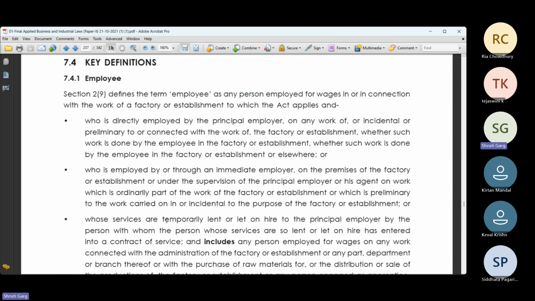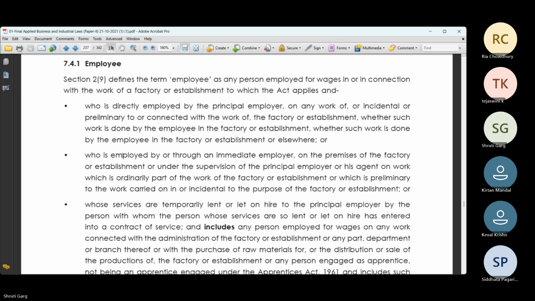So now there are some key definitions. Who is the employee according to this act?